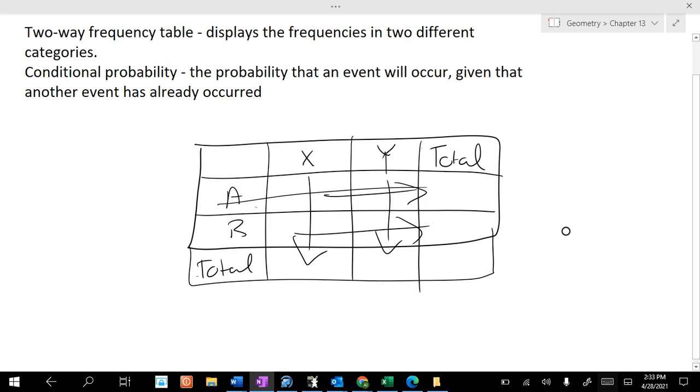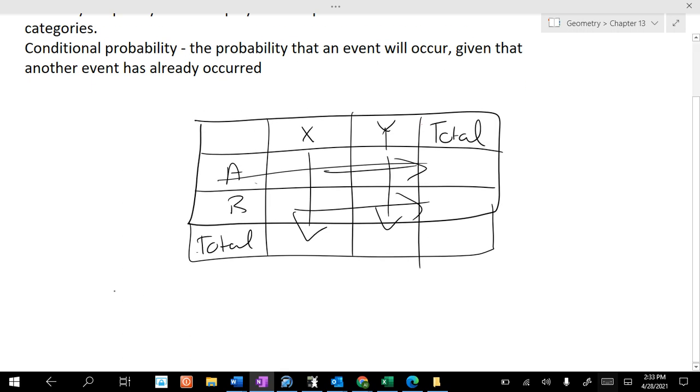Okay, conditional probability is like the probability of being blonde if you are a sophomore. Okay, so what's first, being a blonde or being a sophomore?